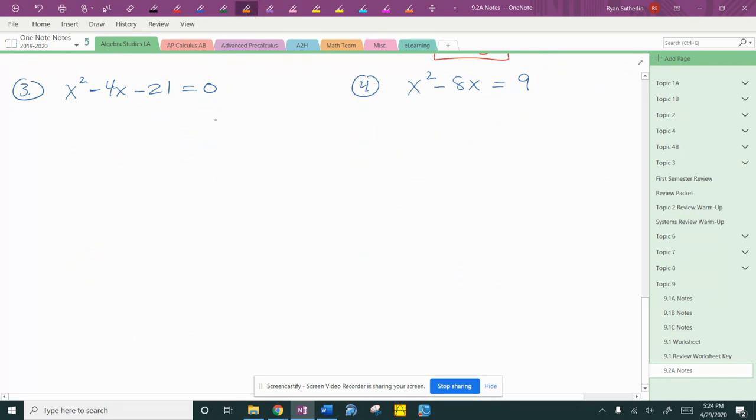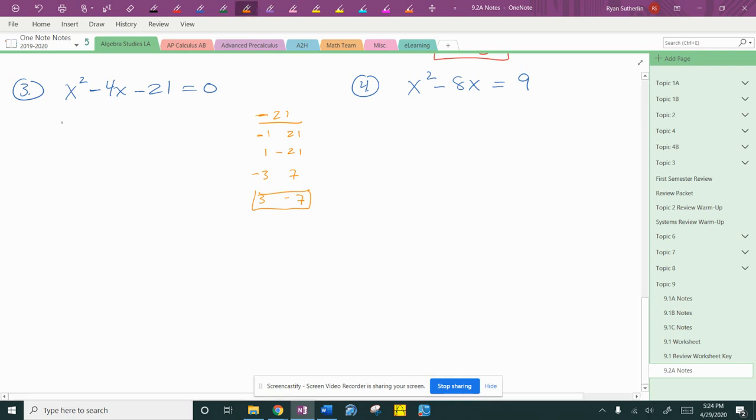So for number 3, I need the numbers that multiply to negative 21 and add to negative 4. So if I start building out my factors of 21, I believe that's it. And which of those add to be negative 4? It's going to be 3 and negative 7.